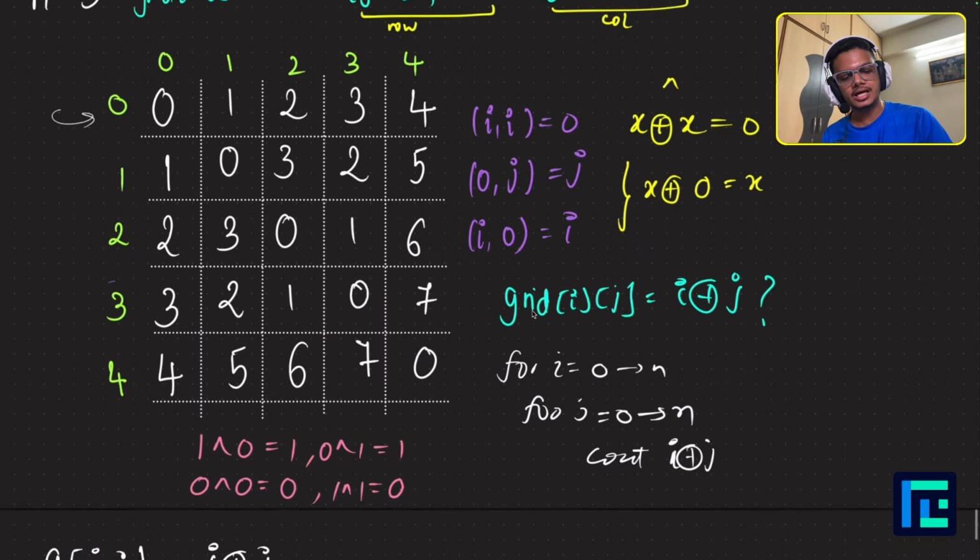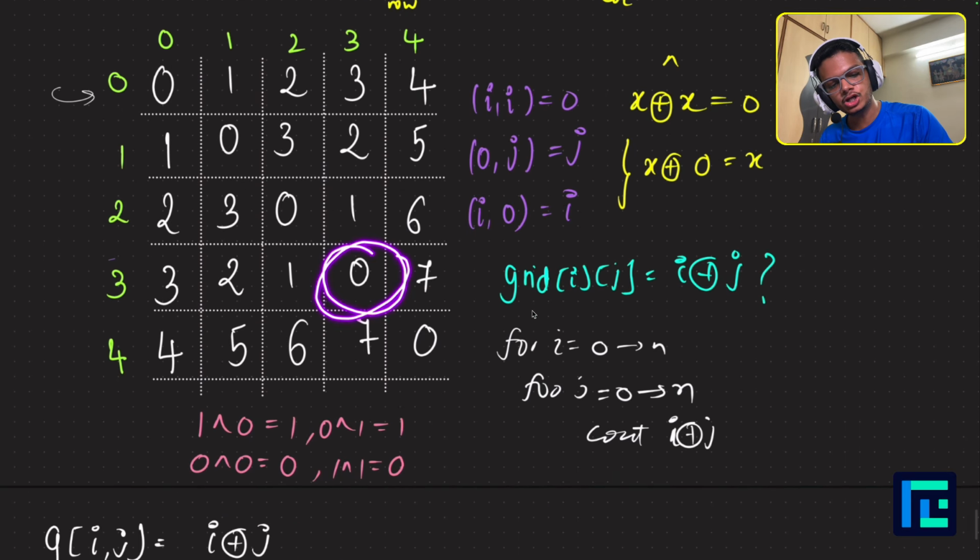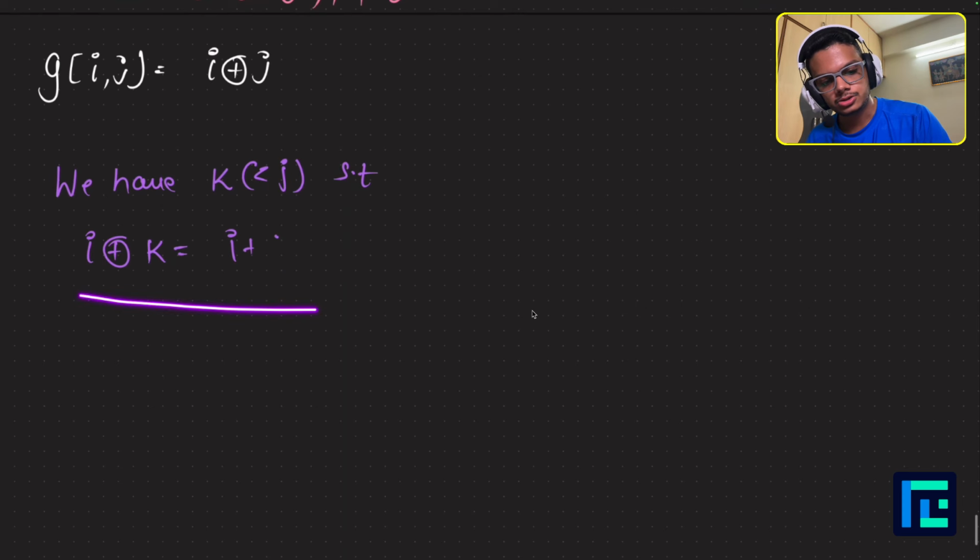In a way, I'm saying that this cell value cannot be i XOR j because i XOR j is already occurring in this row to the left of it, right? A cell value cannot be i XOR j because this value is already occurring on the left of it on the same row. So i XOR k is equal to i XOR j.